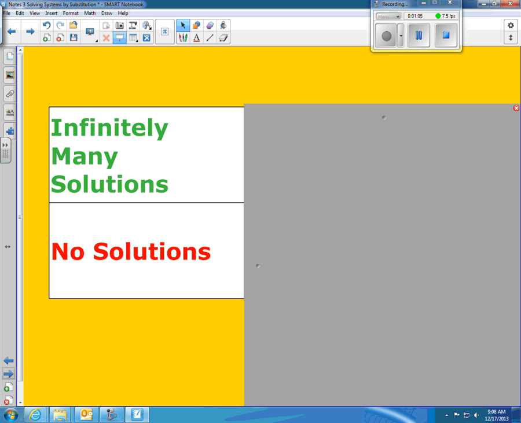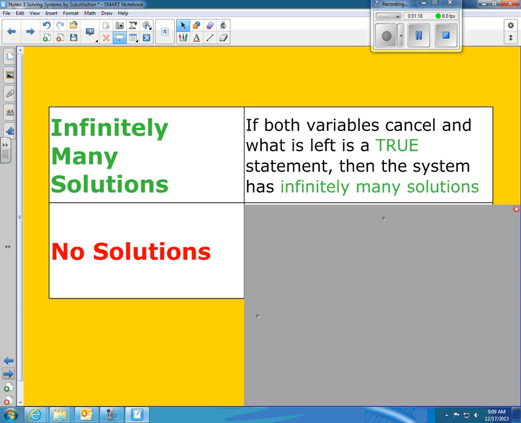All right, but there are two types of solutions that might not get us an ordered pair. Just like we talked about with graphing, we have infinitely many solutions. We have no solutions. We also do with substitution. So infinitely many solutions occur when both variables cancel and what is left is true. So that would be something like -2 equals -2.